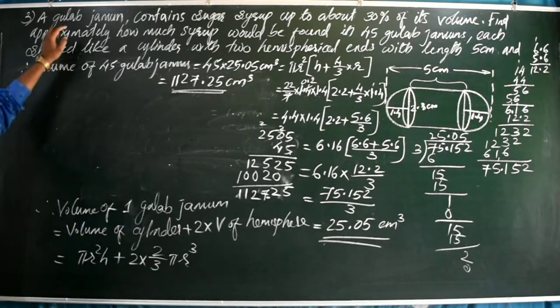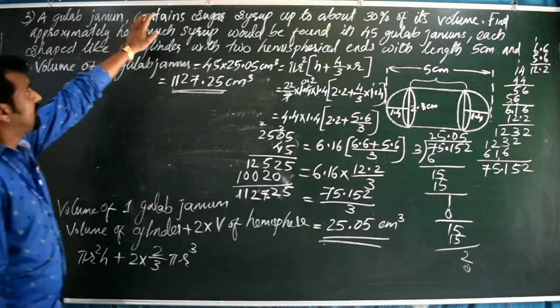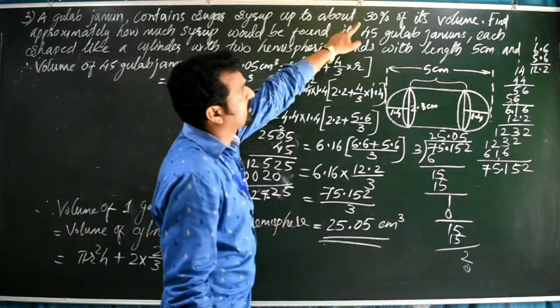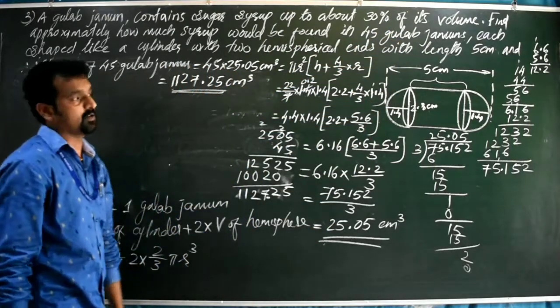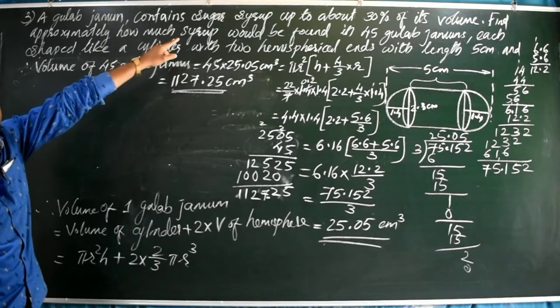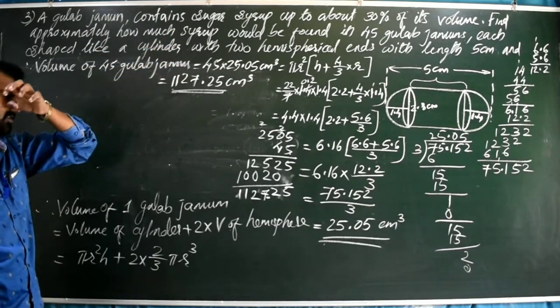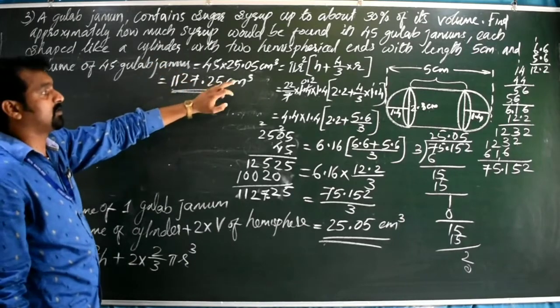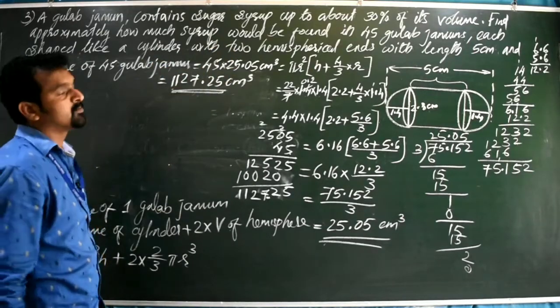But here in the question it is given that these gulab jamuns contain sugar syrup up to about 30% of their total volume only. And the question is to find how much sugar syrup is there in 45 gulab jamuns. So 30% of this 1127.25 centimeter cube is syrup.